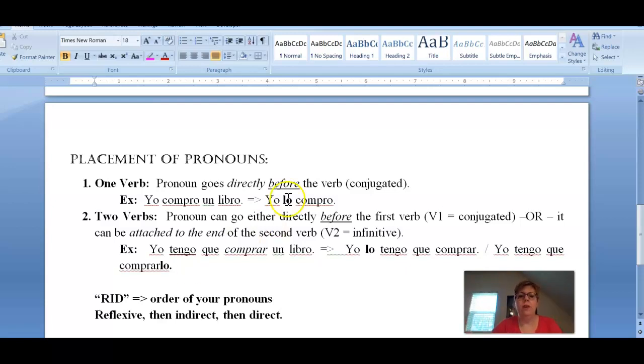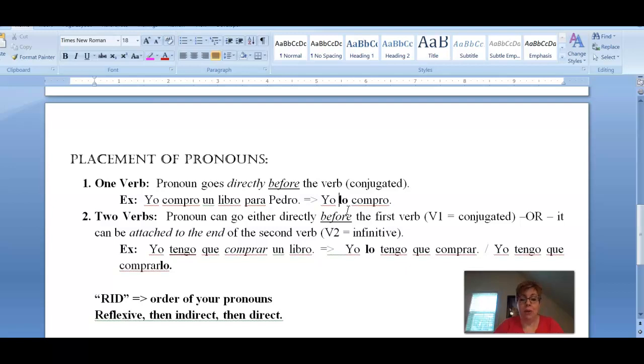So let's say I buy a book for Pedro. Okay. So now Pedro's my indirect because what do I buy? Book. To whom do I buy it or for whom do I buy it? Pedro. So we're going to replace Pedro with le, right? Because he's my indirect.